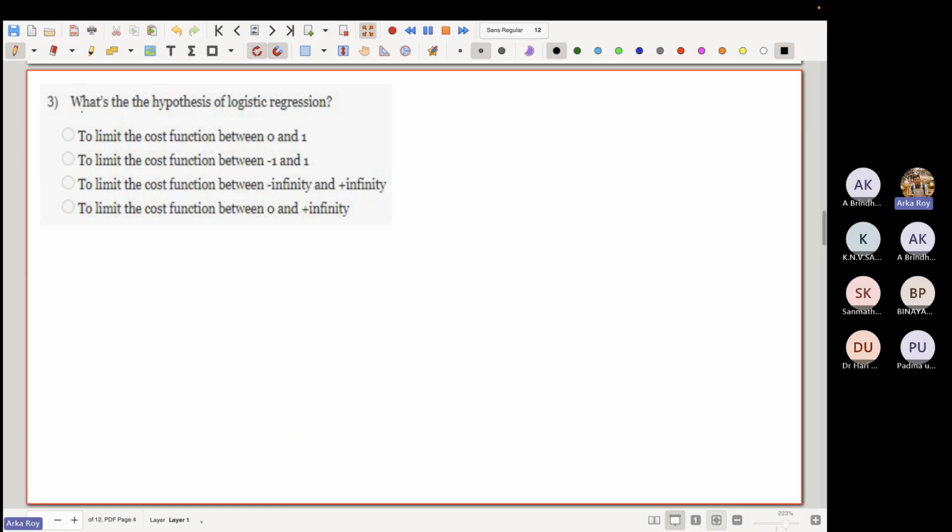The next question states: what is the hypothesis of logistic regression? To limit the cost function between 0 and 1, minus 1 and 1, minus infinity and infinity, or 0 to infinity. We have already seen that if this is the logistic regression function and the argument of the function is x, then y is 1 divided by 1 plus e to the power minus x. So you are putting y of x, and the argument of the function is x.